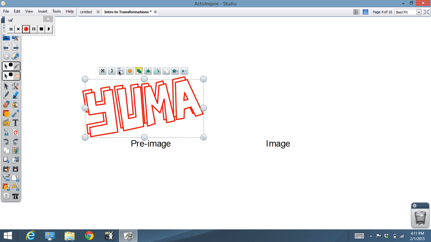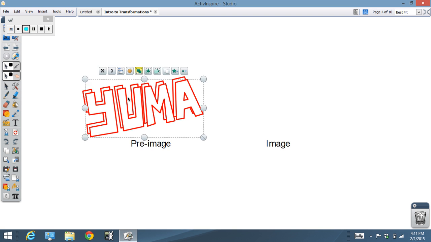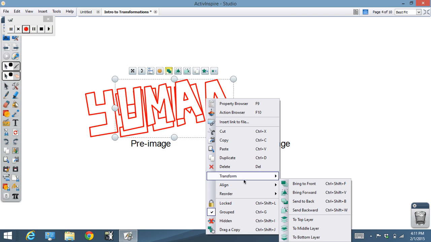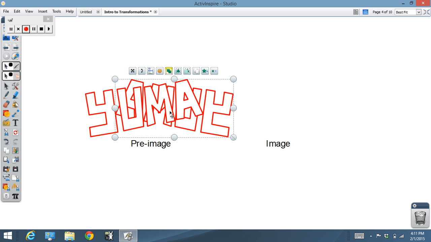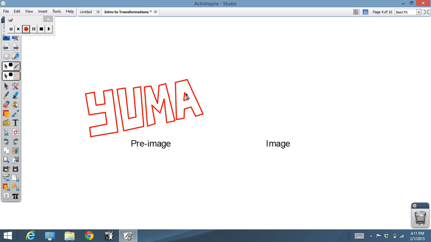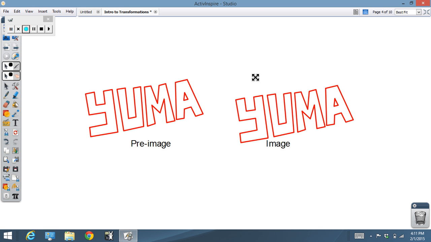I need to transform it by flipping in the y-axis. All right, there's our reflection. And finally, the one we're going to talk about today, we'll get to the other two in the next couple of days, is simply where we take it and we slide it into another position. Okay, pre-image, image. Before the change, after the change.